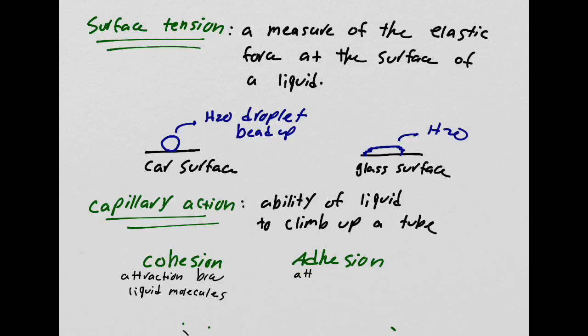I will give you an example to make more sense. It is attraction between the liquid and the capillary wall. So they're attracting each other and also the wall of whatever the tube is.